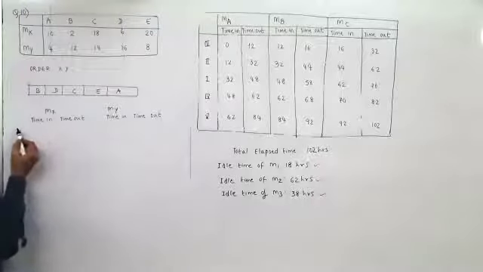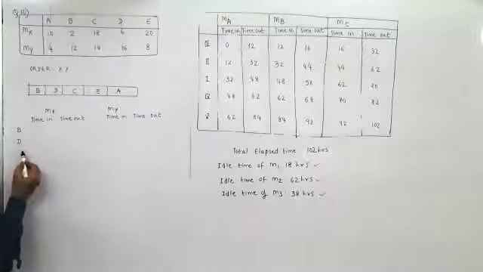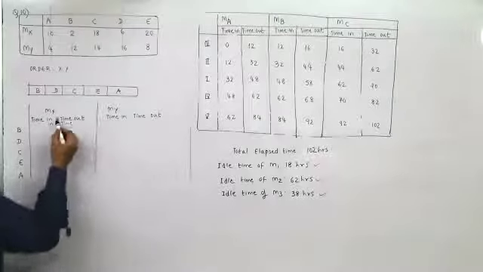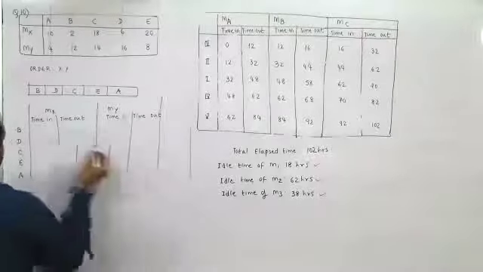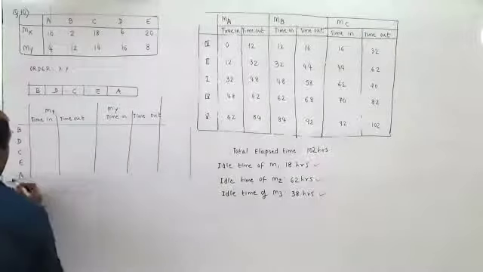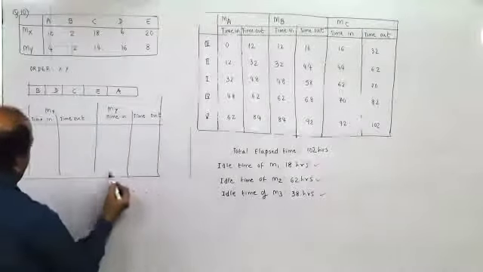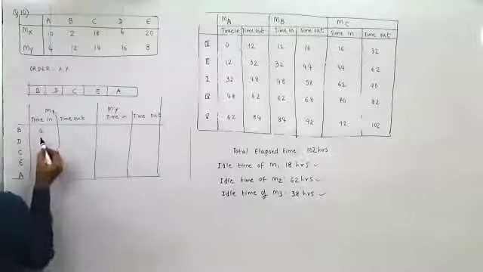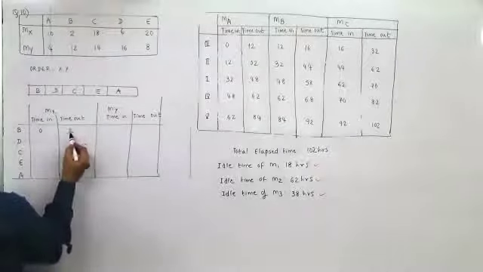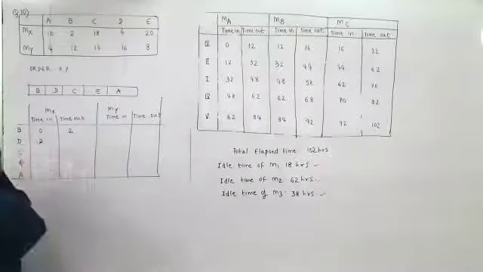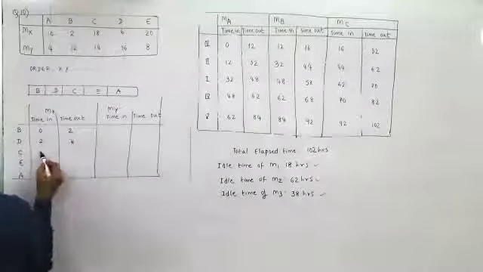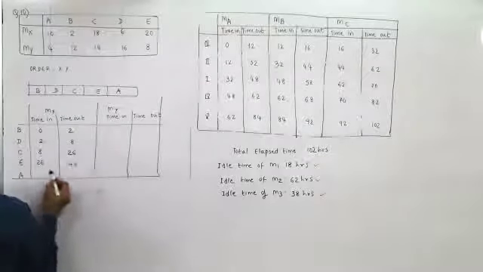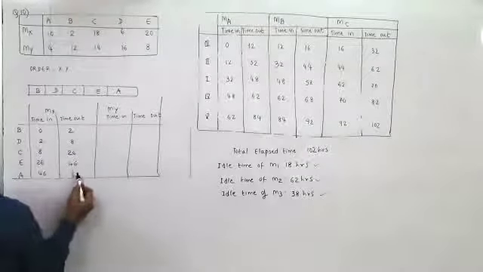So here the order of the jobs is BDCEA. 0, B goes in at 2, 2, then 6, 8, 8 and 18, 26, 26, 46, 46, 56.